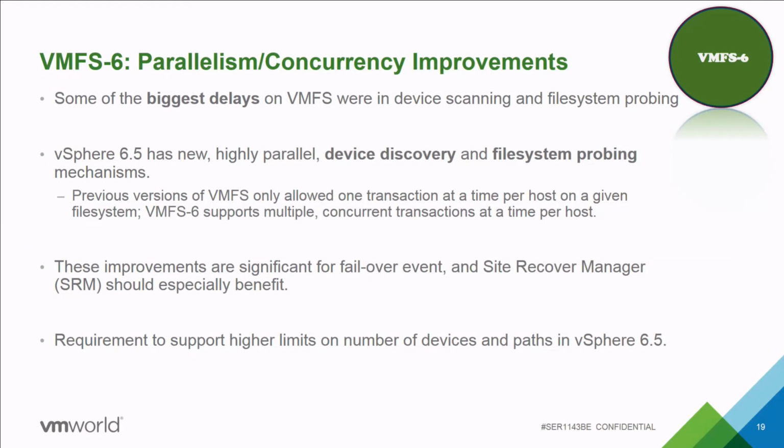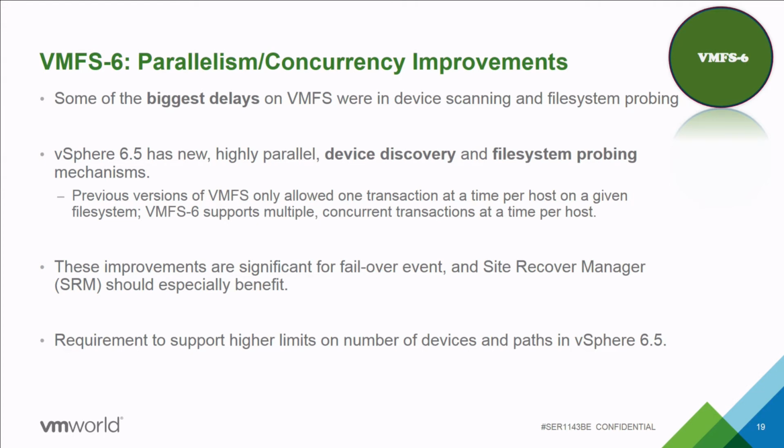And I think this is, actually we have a demo on this as well. I think this is going to be quite an eye-opener for you. I suppose one of the things that has been a bit of an Achilles heel in the past is to do with LUN discovery, device discovery, file system discovery. And so those operations on a per host basis were always sequential.